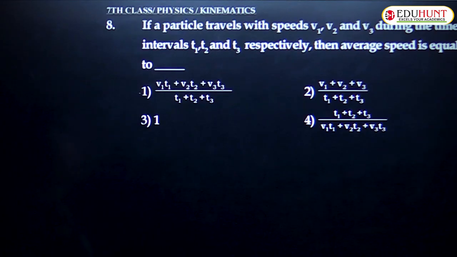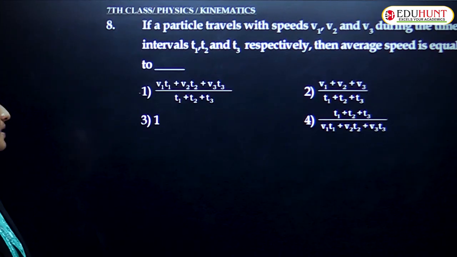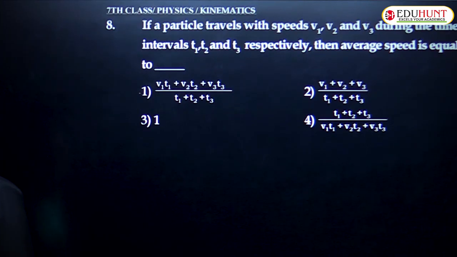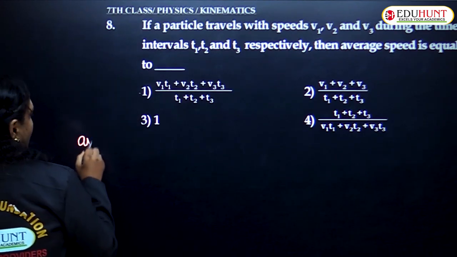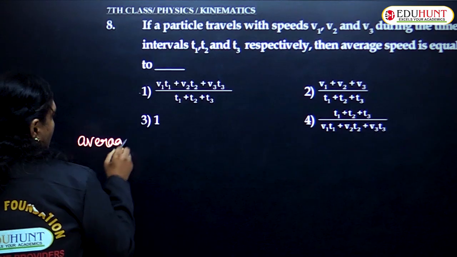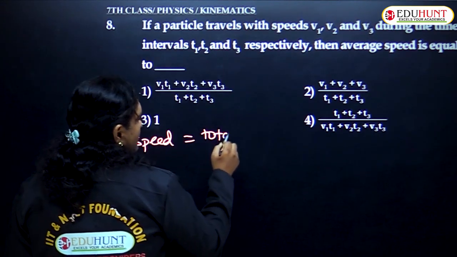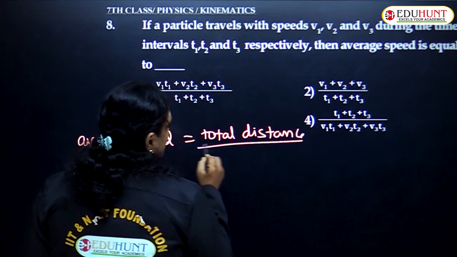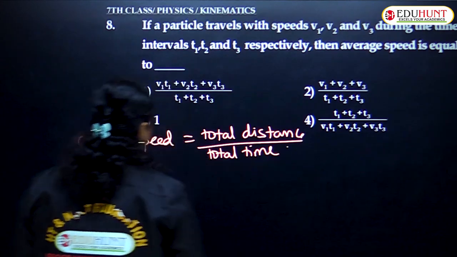If a particle travels with speed v1, v2 and v3 during the time intervals t1, t2 and t3 respectively, the average speed is. So, what is given, children? Average speed is nothing but total distance covered by the body to the total time interval.